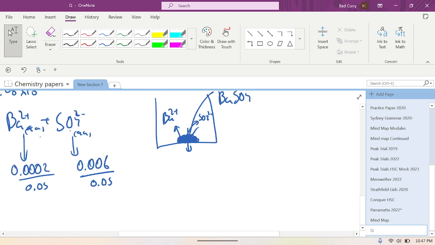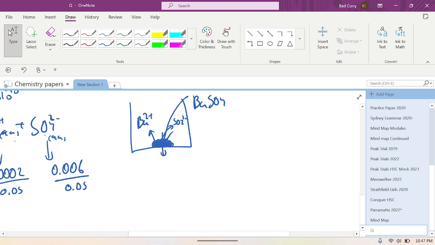And how you solve this is another video. But basically, at the start, you'll have zero of these two respective ions, barium and zero of sulfate. What's going to happen?